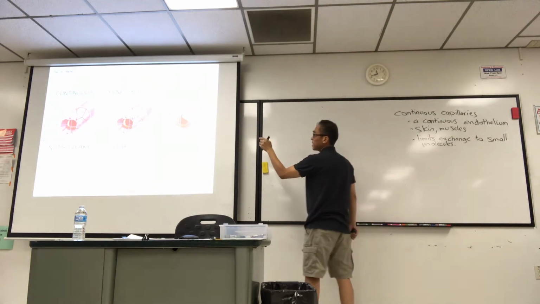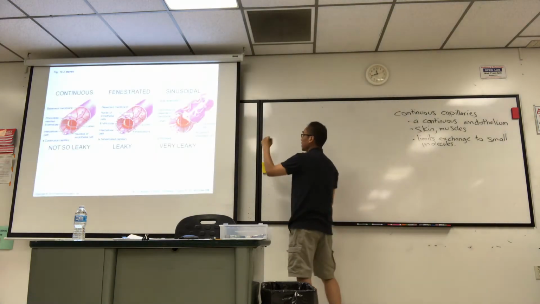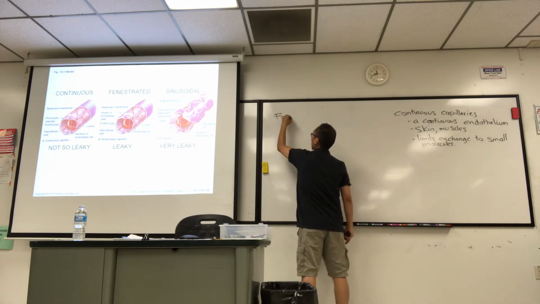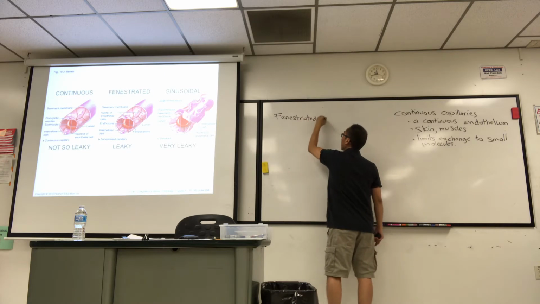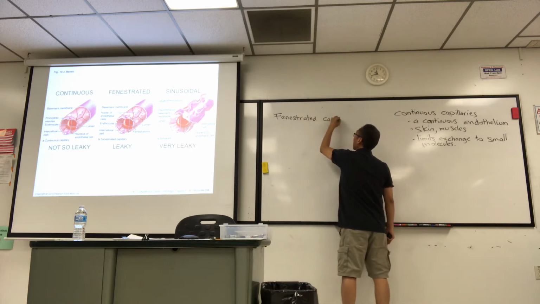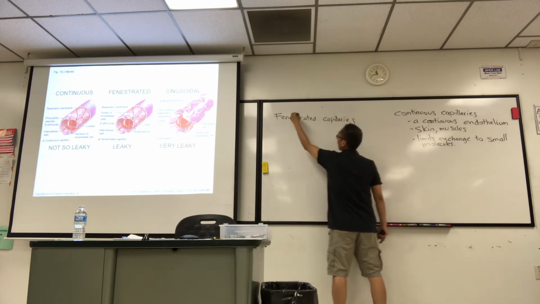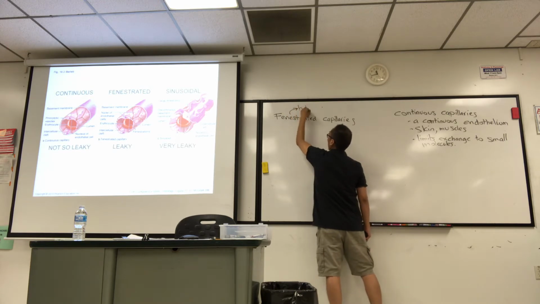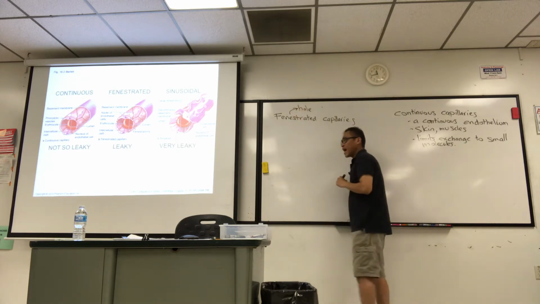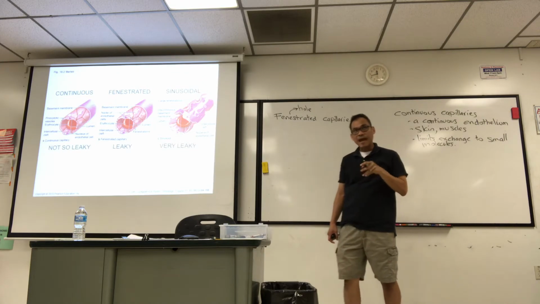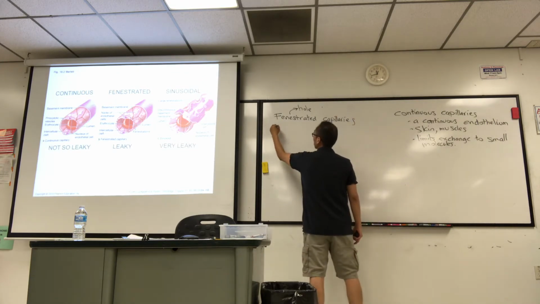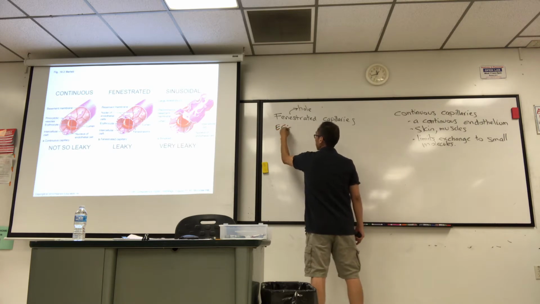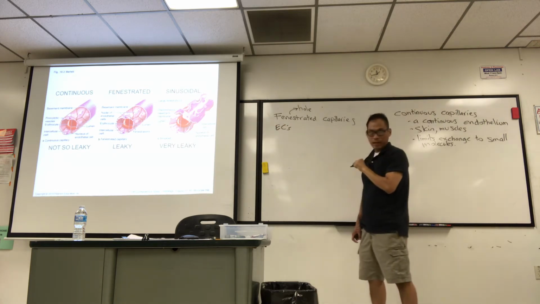Then you have fenestrated capillaries, which are more leaky. Fenestration is a hole. The ECs have holes, and you start to see gaps between the ECs. Remember, ECs are the endothelial cells.